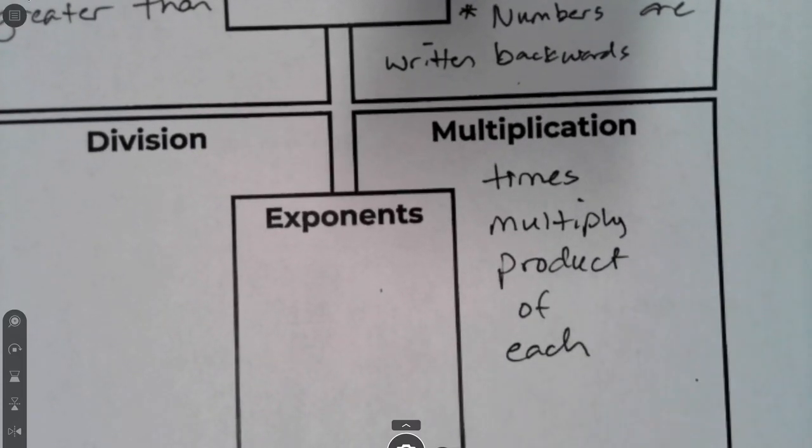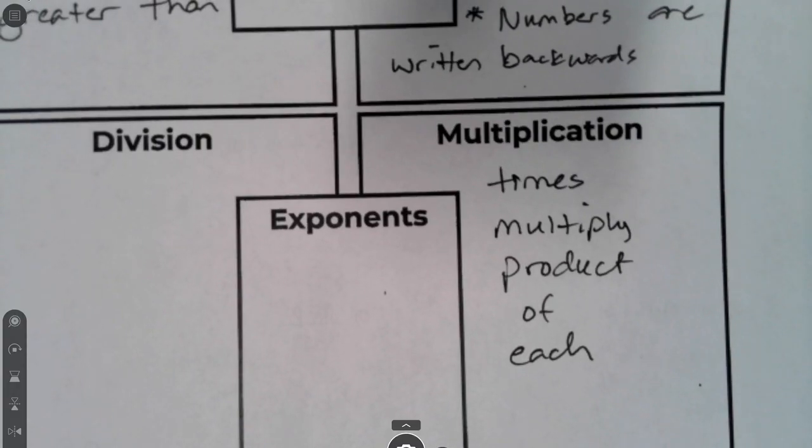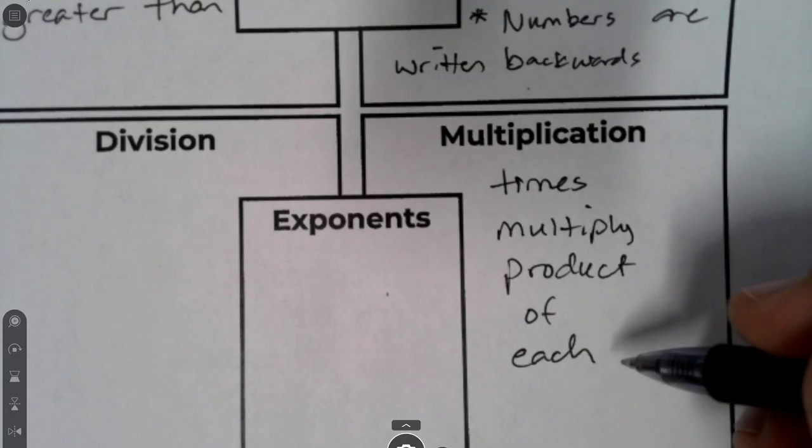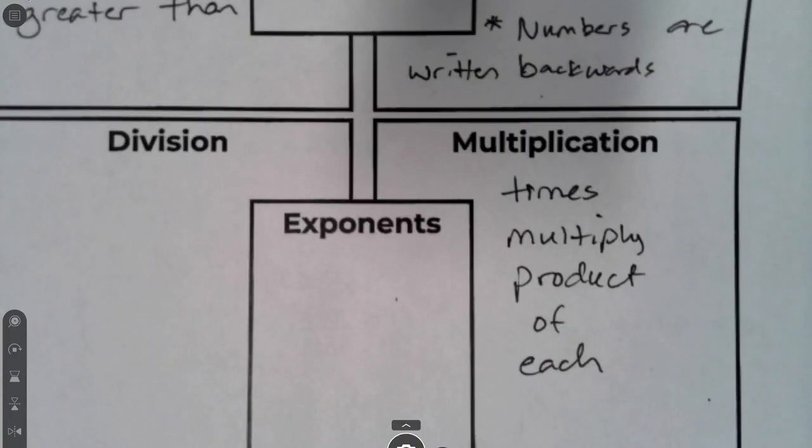So as far as these, let's say you brought in some gum, and there's 10 people in your class, and you said, I want everybody to have 3 pieces of them. So that means you are giving 3 pieces to 10 people, so you need to do 3 times 10 is 30. So that's an example of being multiplication. Or you could also say, I want them to get 3 pieces each. So that would tell you need to multiply 3 times 10 to get 30 also.